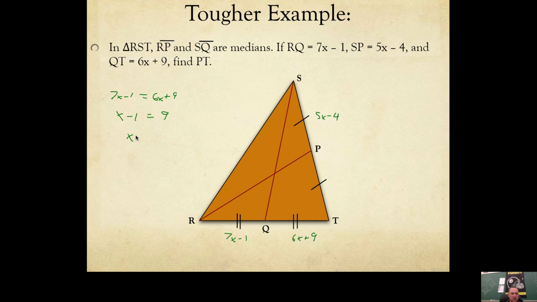Then we'll add 1 to both sides. So x is 10. That means 5 times 10, 50, minus 4 is 46. So how far is it from P to T if S to P is 46? It's also 46.